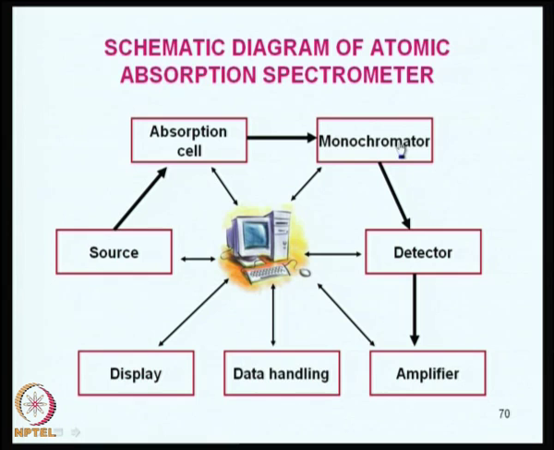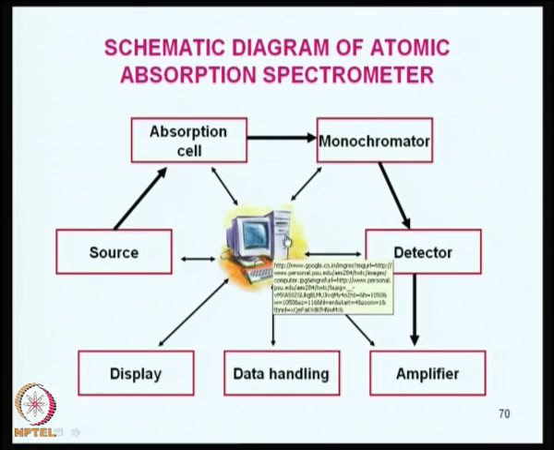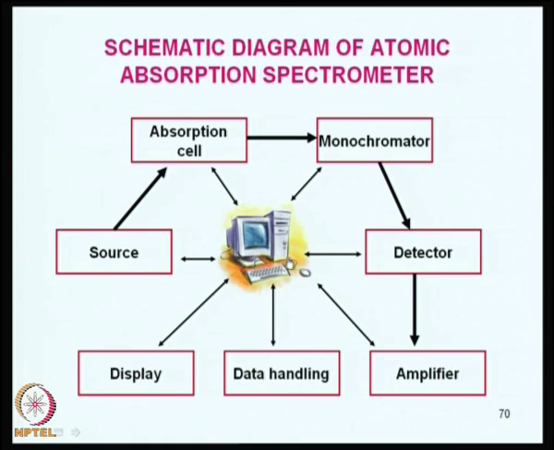After you separate all other radiations using a monochromator, we take it to the detector, and this detector is connected with an amplifier to amplify the signal, and from the amplifier the signal is handled and correlated with the concentration, and then we can do some data handling, statistical analysis, etc., and then we can have a display. So, this is how the atomic absorption spectrometer should function.